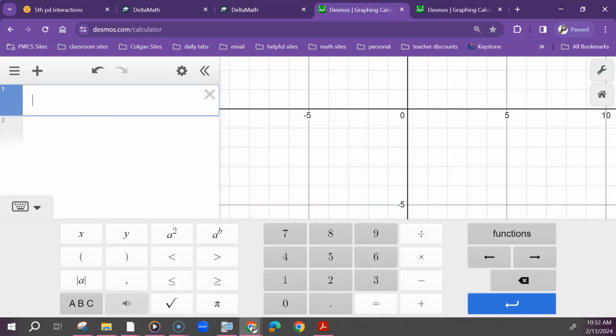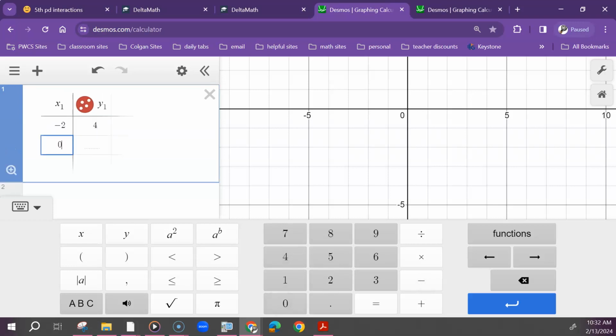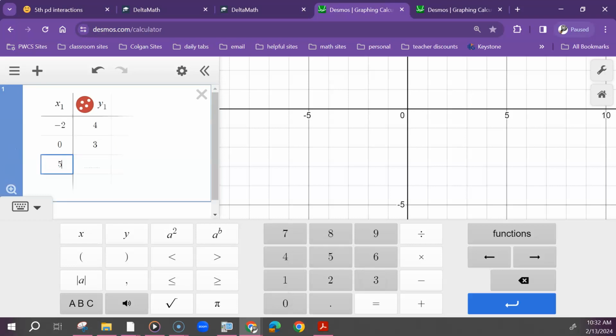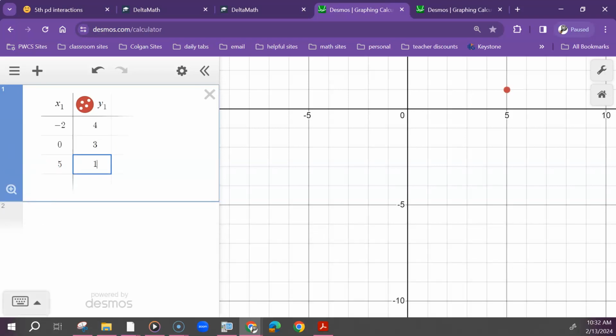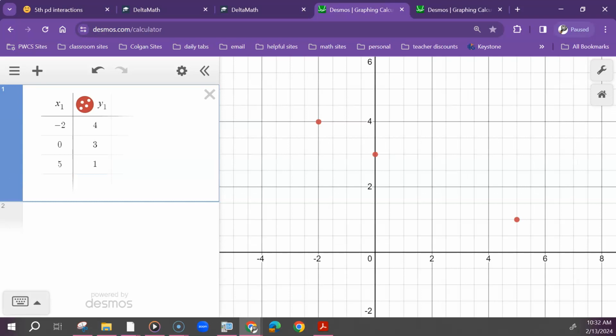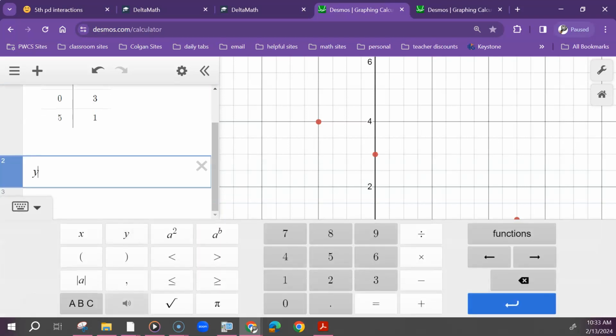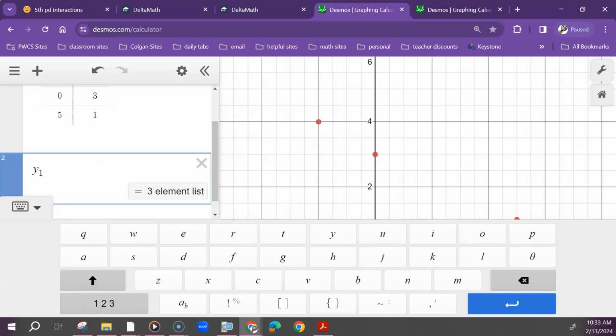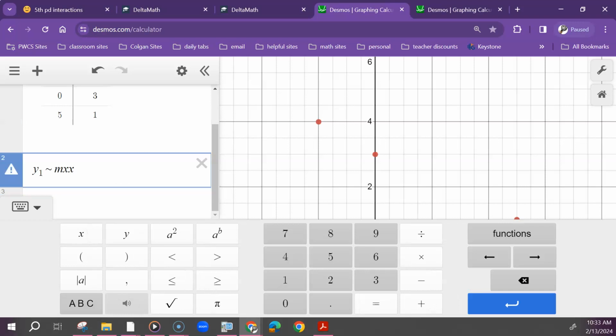we have to find the line of best fit. We can put in a table, someone read out those ordered pairs. Negative 2, 4, 0, 3, and 5, 1. So I can make a table, find those ordered pairs, and then type in your y1, your squiggly line, your tilde, mx1, and then plus b.